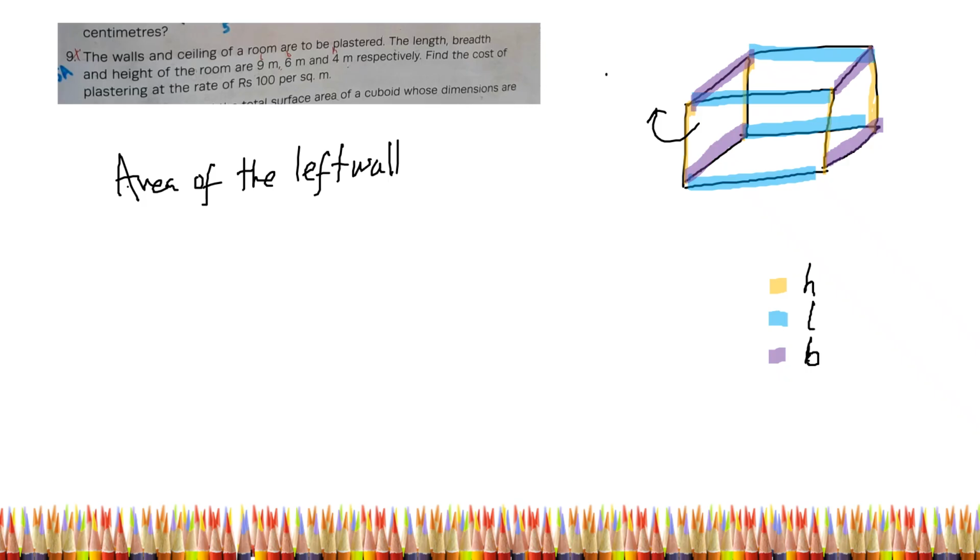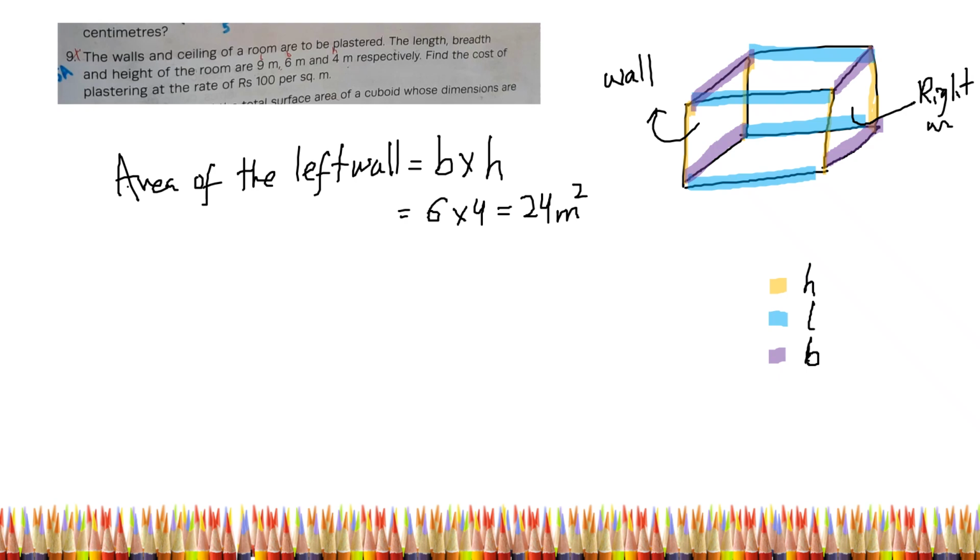I want to find the area of this wall, so it will be this yellow one multiplied by this purple one, that is B multiplied by H. Now B in the question is given as 6 and H is 4, that is 6 times 4 is 24 meter square. Now if the left wall has the area 24 meter square, the same will be for the right wall, right?